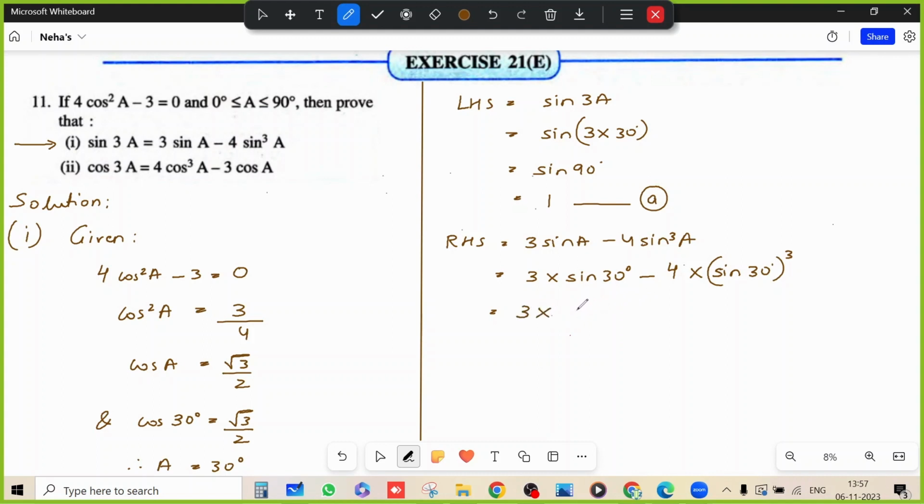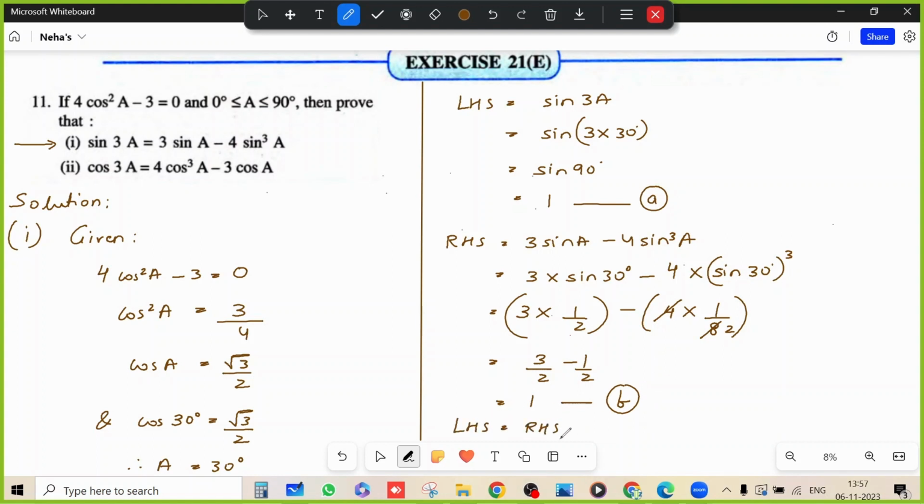So this will become 3 into 1 by 2 minus 4 into 1 by 2 whole cube, which will become 1 by 8. Here 4 and 8 will get cancelled out. This will become 3 by 2 minus 1 by 2, that is equal to 2 by 2, which is equal to 1. And from the equations A and B, we can conclude that the left hand side is equal to the right hand side, and hence we have proved.